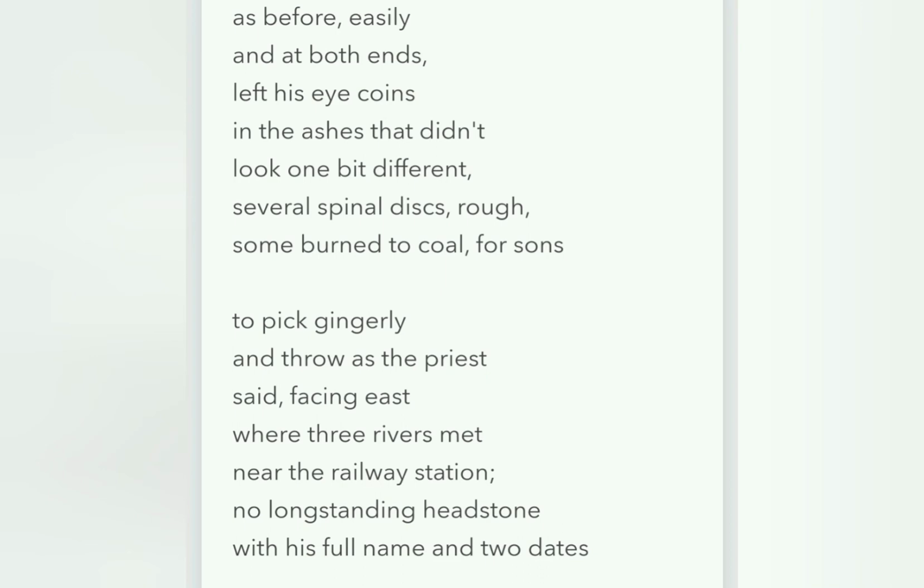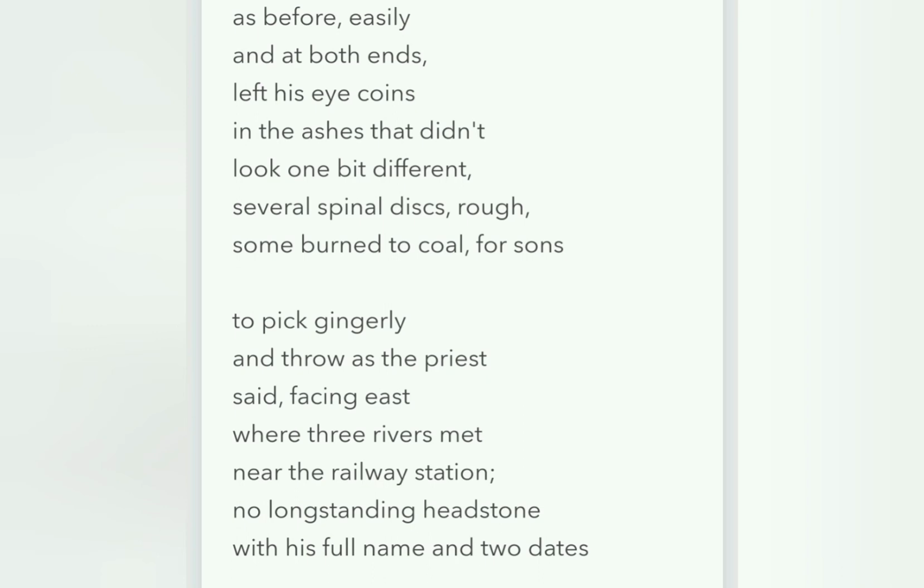They were left in the ashes, looking the same as when they went into the fire. Alongside the coins, there were some spinal discs, which were even rougher than the coins, because only some of them were burnt to coal.